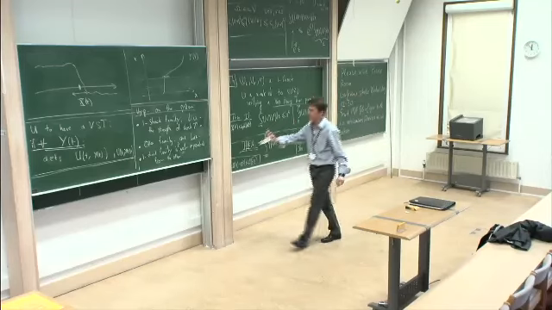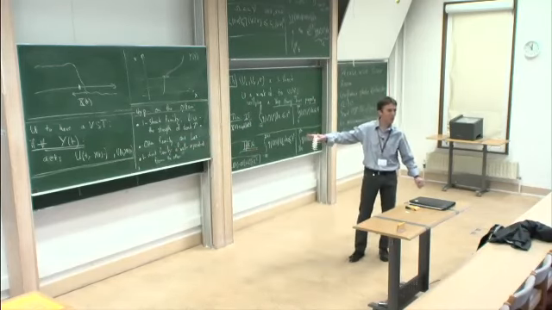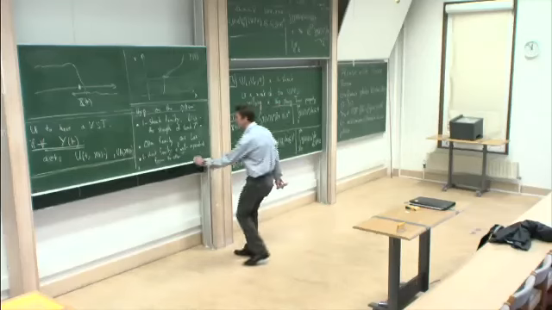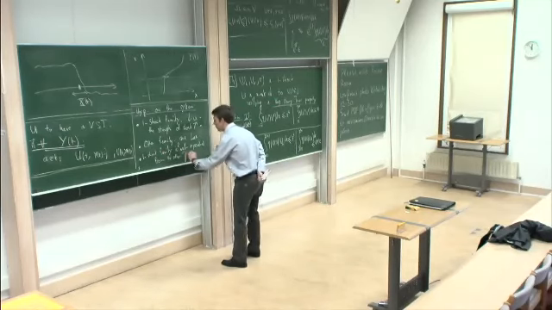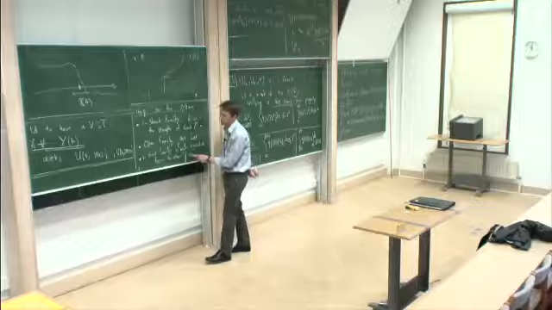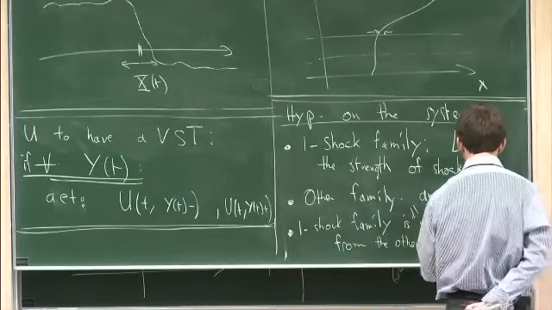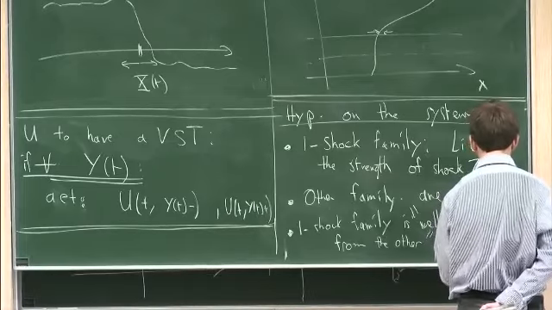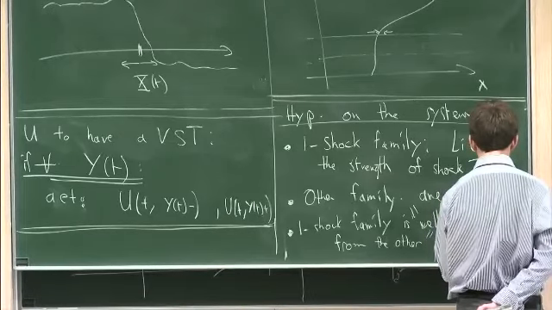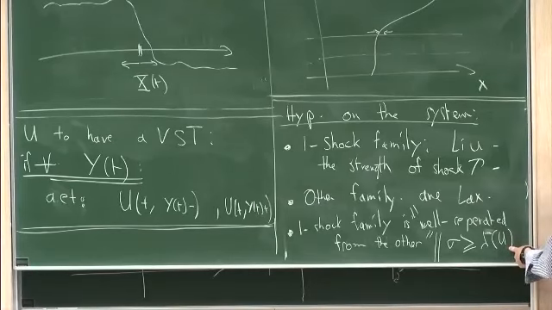This is also something where there are a lot of systems which do not verify this, but there is a lot of theory which uses this. Basically, what I mean by this is that if you have a shock, you have a speed, and for any speed which is not a one shock, this speed has to be bigger than the first. I will explain why it's natural. It is the smallest eigenvalue associated to A prime of U. It's also something which is used a lot.